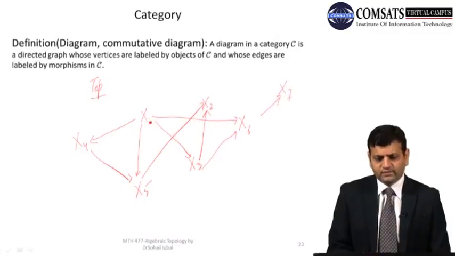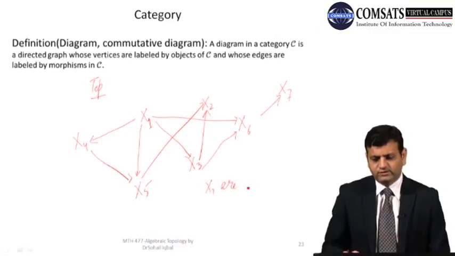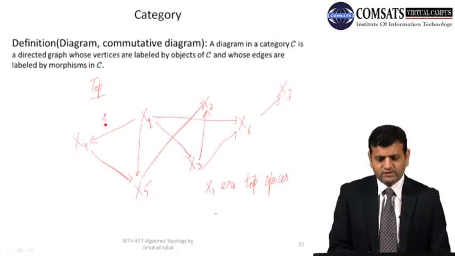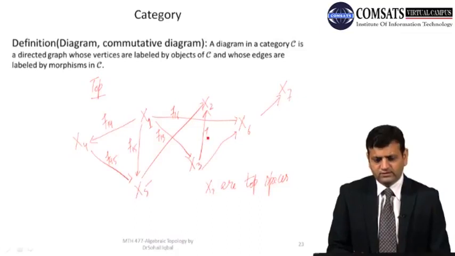In this case, these x_i's are topological spaces, and these maps are labeled, let's say this map is f14, f45, f15, f13, f16, f32, f36, f67.